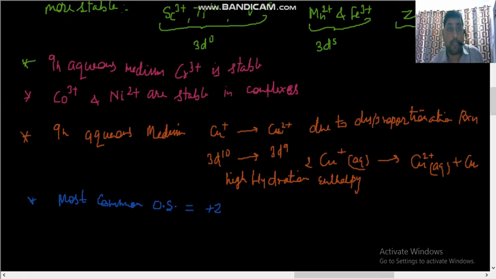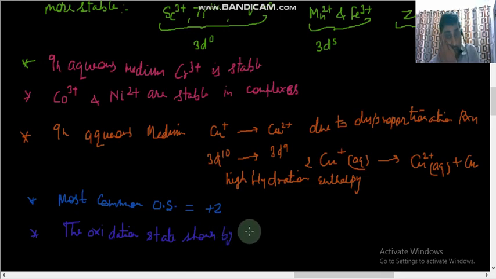Okay, now the highest oxidation state found by any transition element is +8.